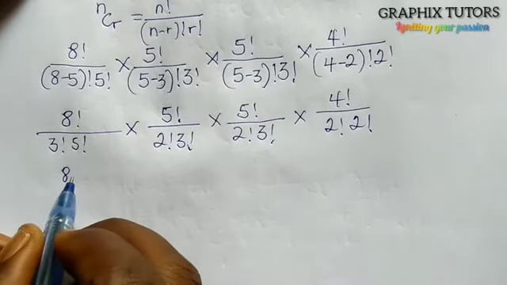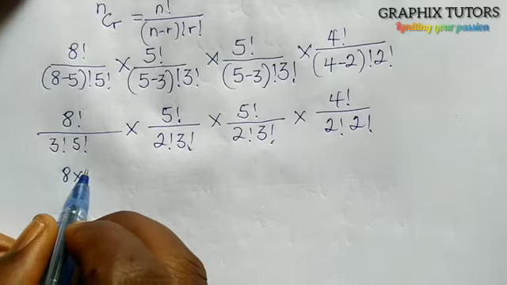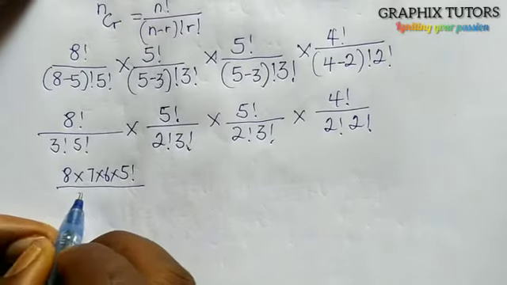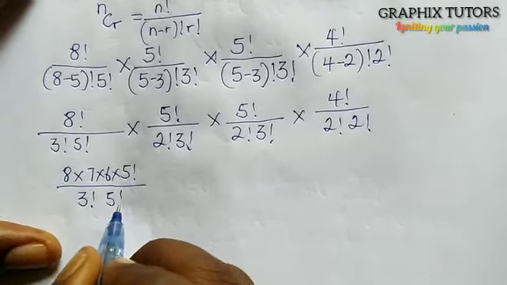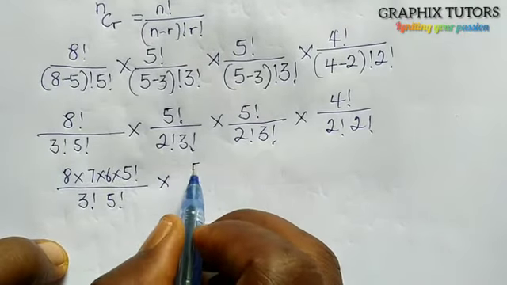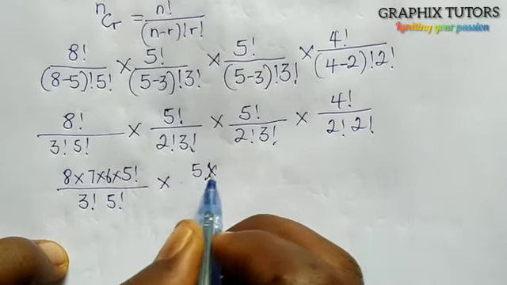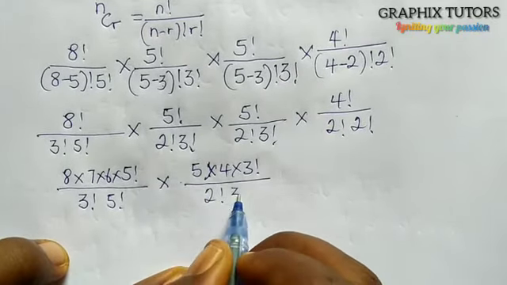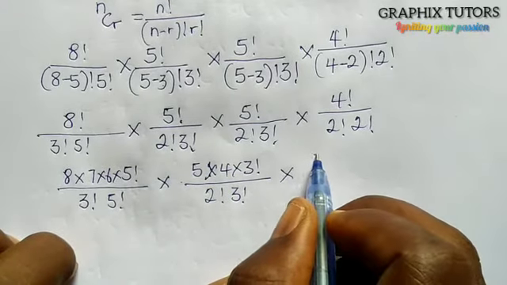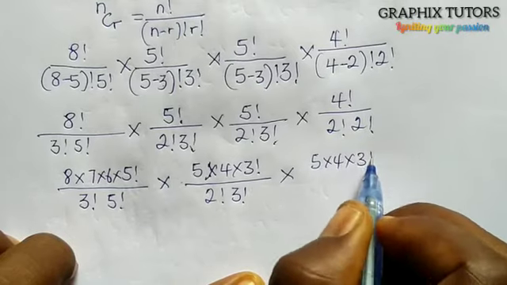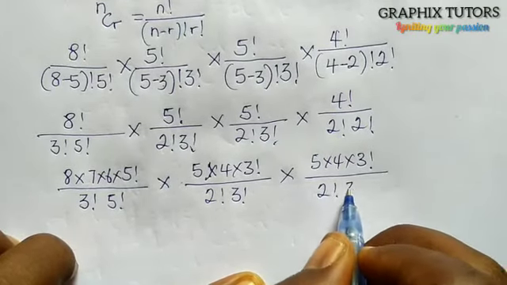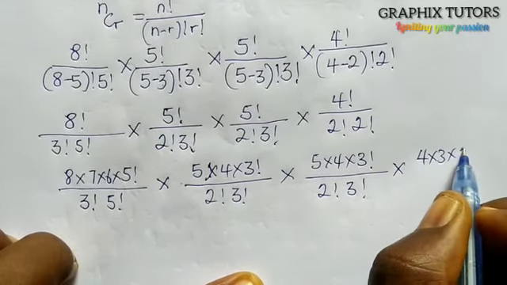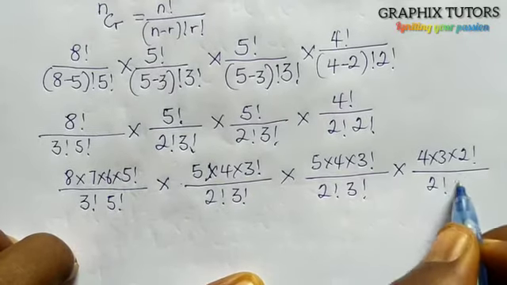So we have 8 times 7 times 6 times 5 factorial all over 3 factorial 5 factorial, multiplied by 5 times 4 times 3 factorial all over 2 factorial 3 factorial, multiplied by 5 times 4 times 3 factorial over 2 factorial 3 factorial, multiplied by 4 times 3 times 2 factorial all over 2 factorial 2 factorial.